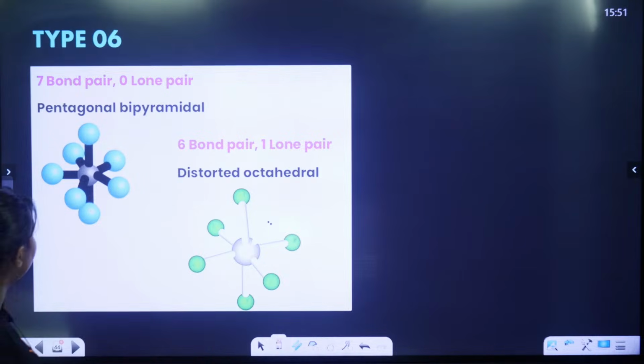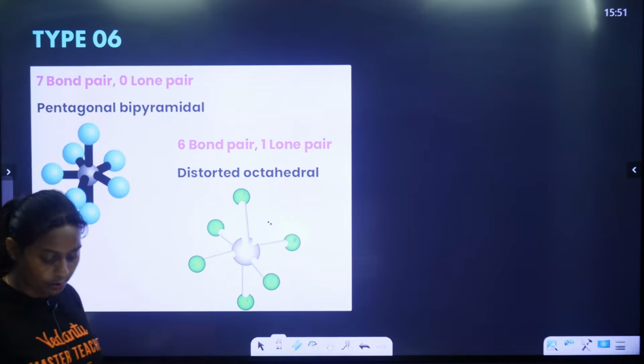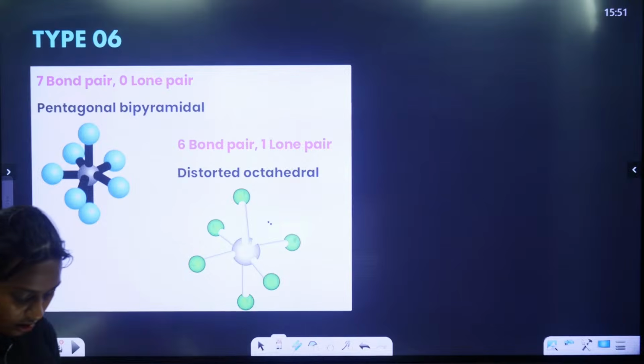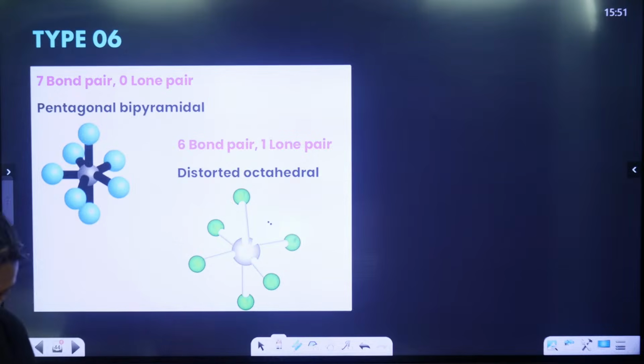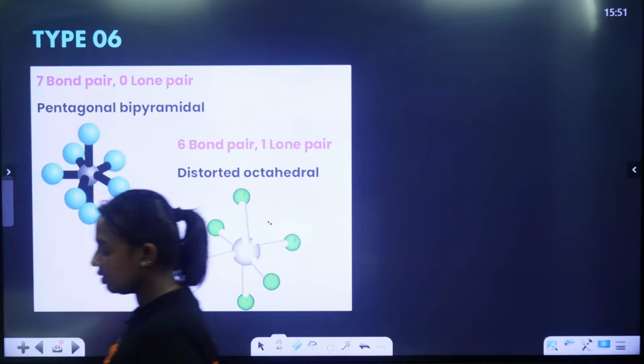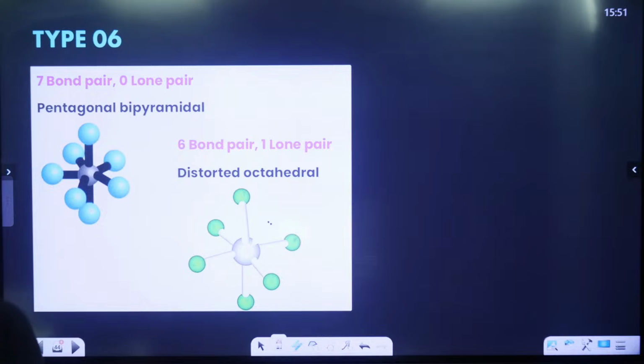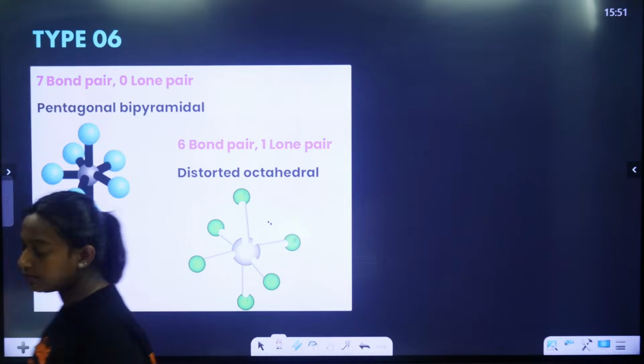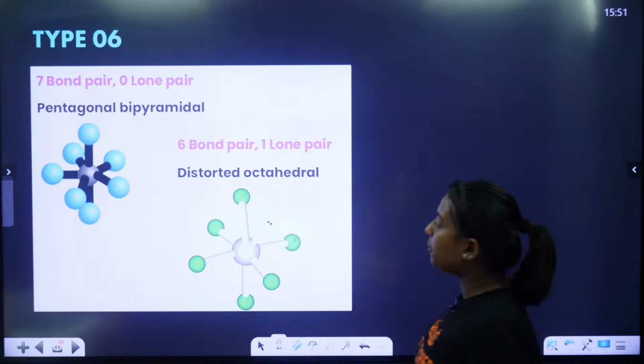Type 6 is actually 7 bond pair, 0 lone pair.